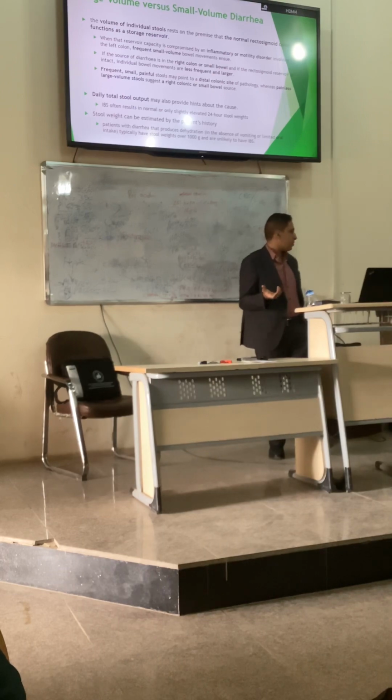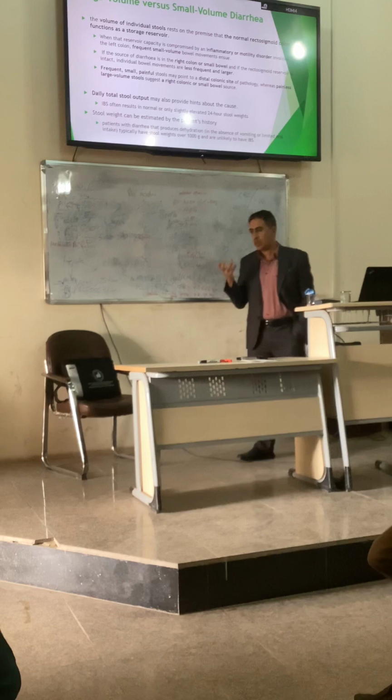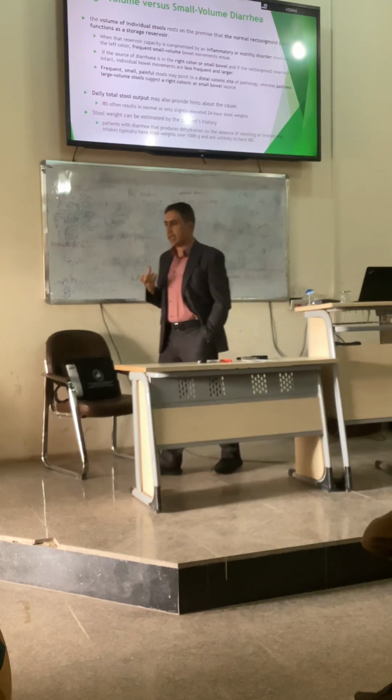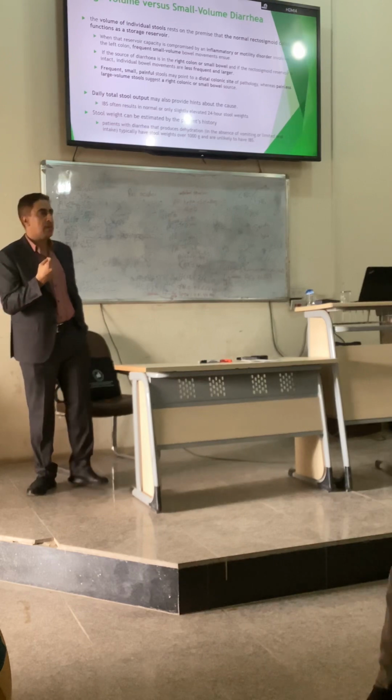Whether it is large or small volume. Large volume means that the source of the diarrhea is usually the right colon or small bowel, while patients who have small, frequent, painful diarrhea have a source in the left colon.